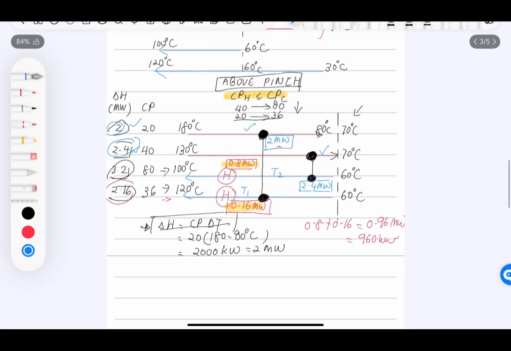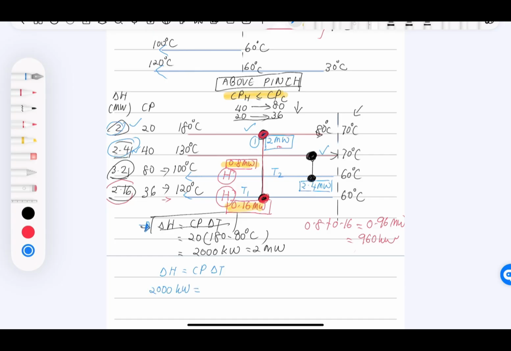In order to calculate the temperature, we use the same formula: delta H equals Cp dT. So for the first heat exchanger, this heat exchanger has a duty of 2 megawatt or 2000 kilowatt.